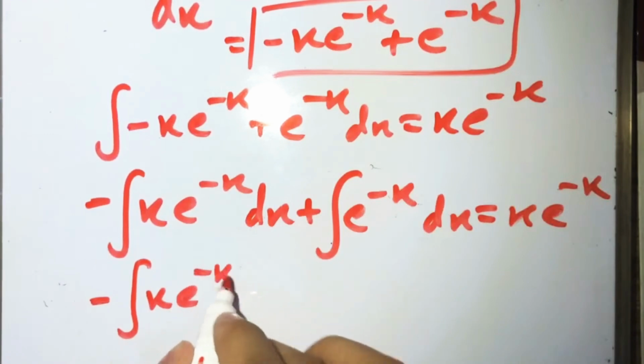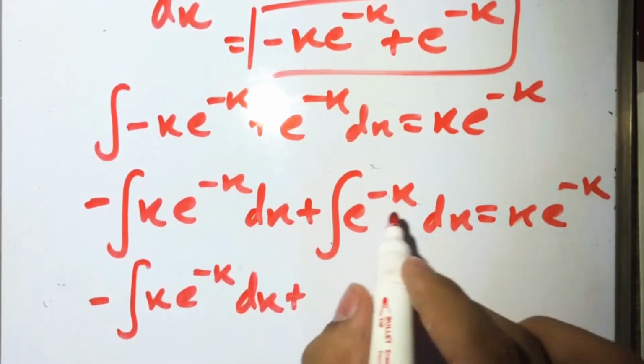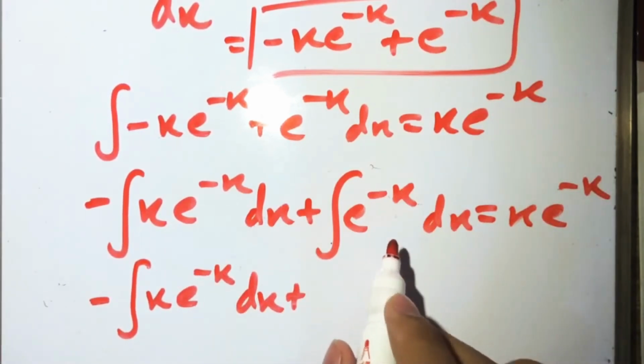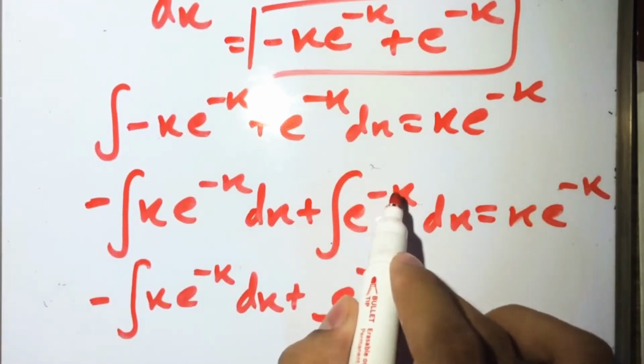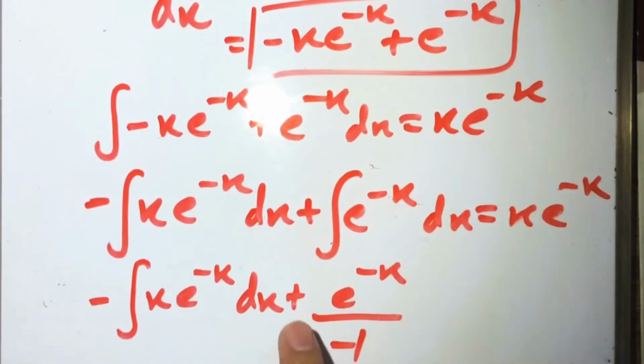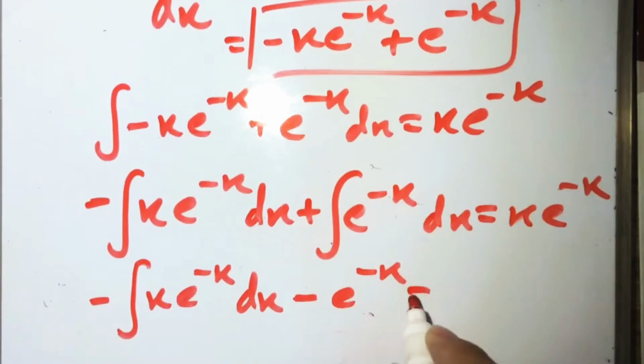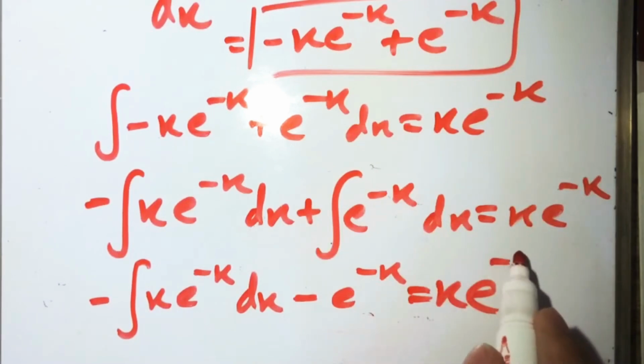We leave this as it is and we'll integrate the second part. This will become e to the power minus x upon the coefficient of x, that is minus 1. This can be written as minus e to the power minus x equals x e to the power minus x.